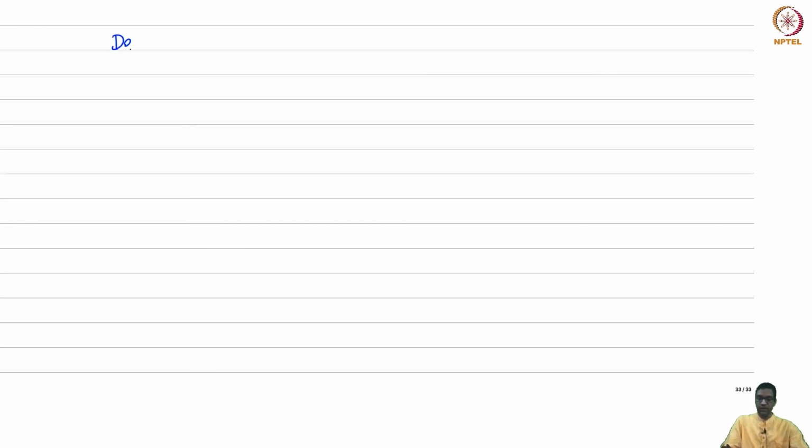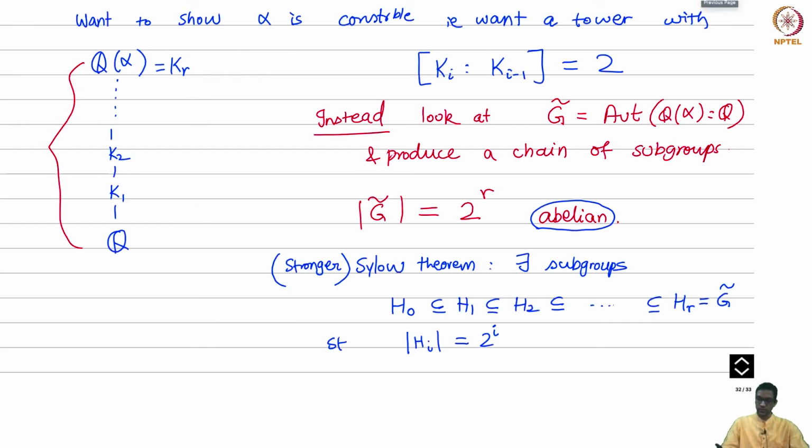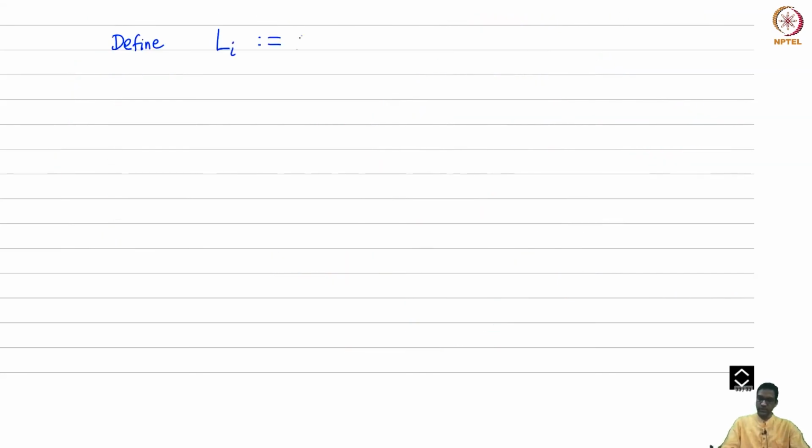Okay. So now define, maybe I'll call them L sub i, to be the field corresponding to H sub i. So this is the top field here, so maybe that's Q(alpha). I just take this to be the fixed field of H sub i, by which I mean I take Q(alpha), the top field, and then look at the elements which are fixed by Hi.